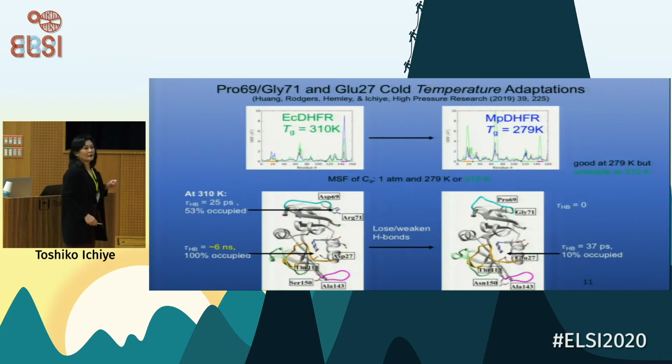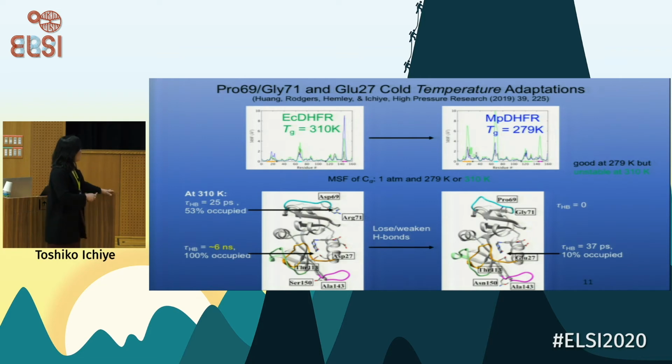Okay, now I'm going to talk about, I'm running out of time, some specific adaptations that we have seen between this E. coli DHFR and MPDHFR. So this, again, is what we call mesophilic, and this is psychrophilic.